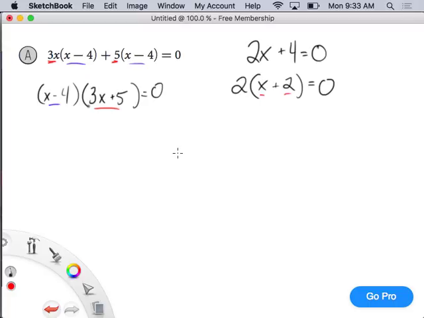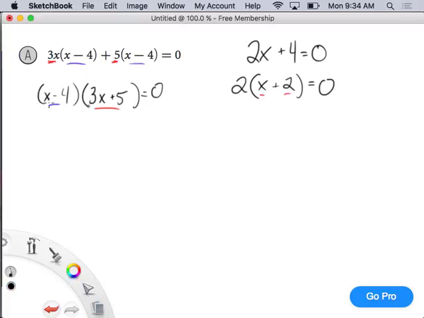Well, we did this to get it into that form like (x minus a) and (x minus b). Remember? Because now we can find the zeros directly. Because look, we have a times b equals 0. So what's the next step to find the zeros? We set them both equal to 0. You see? So we had to get it into this form, and we did that by pulling out that like term, x minus 4. Good question.